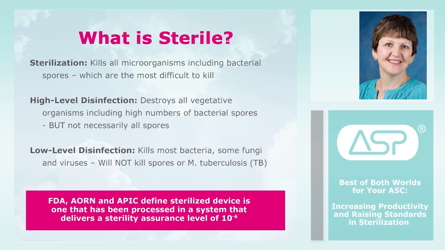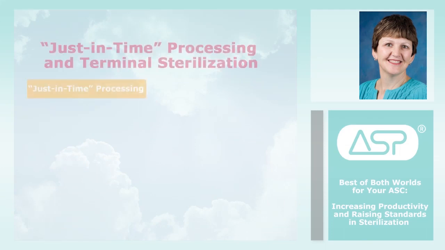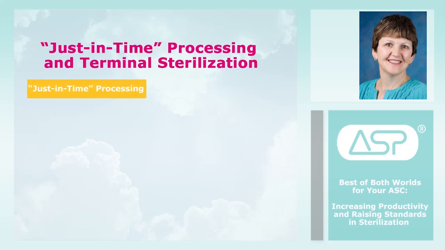Today, we will discuss two choices for processing surgical equipment. We'll walk you through how each works in an effort to help you determine the best choice for your facility. The SS1E provides liquid chemical sterilant processing, also known as just-in-time processing.